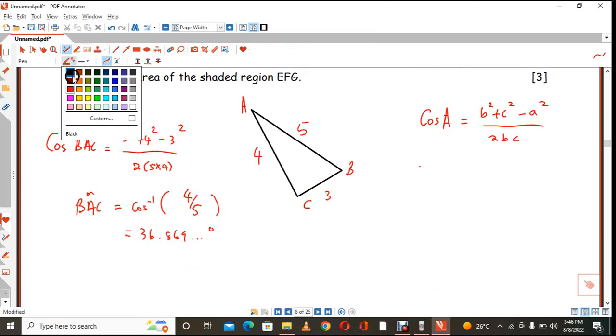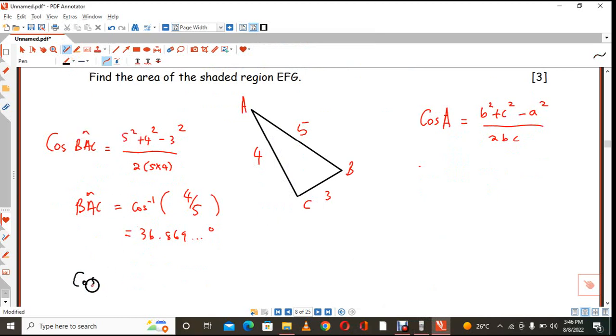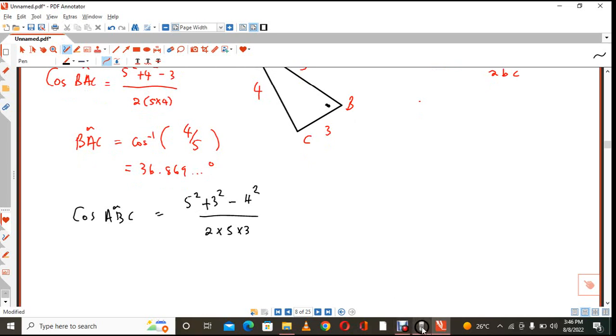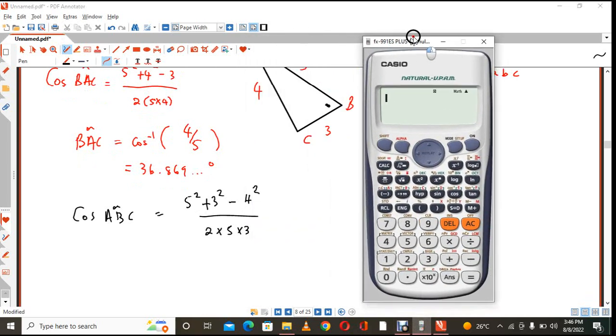The cosine of angle ABC, this angle here, is going to be 5 squared plus 3 squared minus 4 squared over 2 times 5 times 3. Punching that in, we have 5 squared plus 3 squared minus 4 squared over 15 times 2, which is 30.